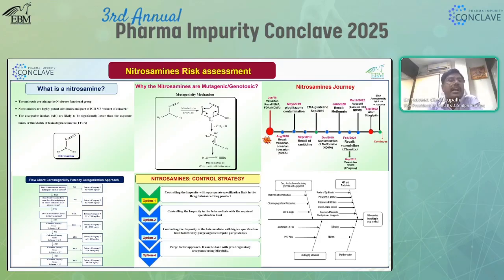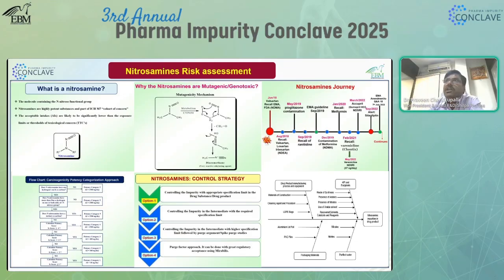Because of that, nitrosamines are highly potent, mutagenic or genotoxic. Because of this nature, control of these nitrosamines in the drug substance or drug product is mandatory, and there are certain limits proposed by the authorities, acceptable intake limits by FDA and EMA.